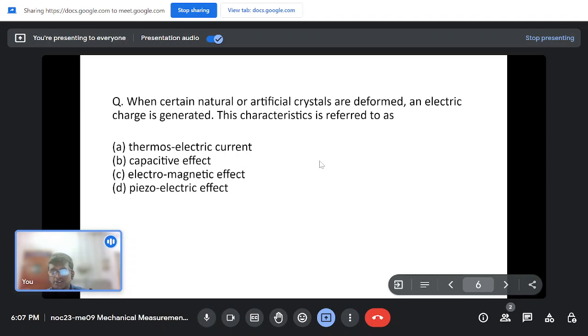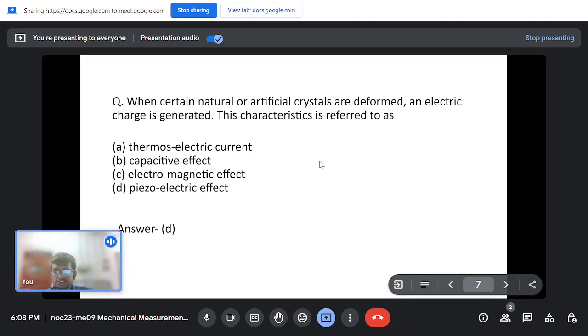When the crystal is deformed, it gives you an electric charge. So the answer is D, piezoelectric effect.